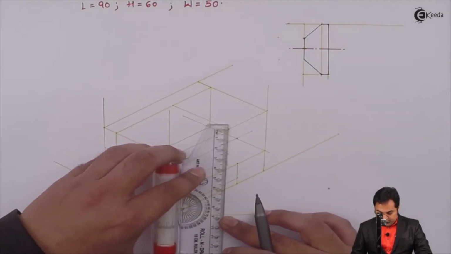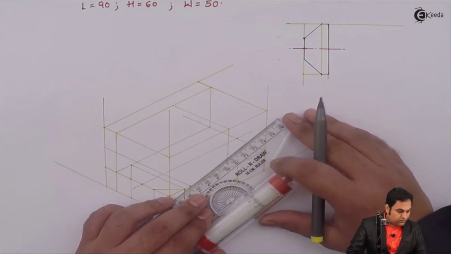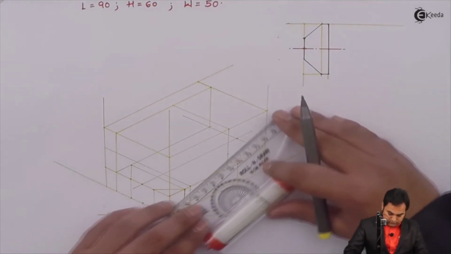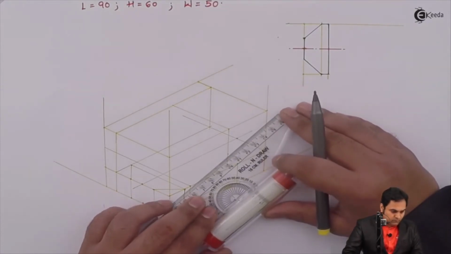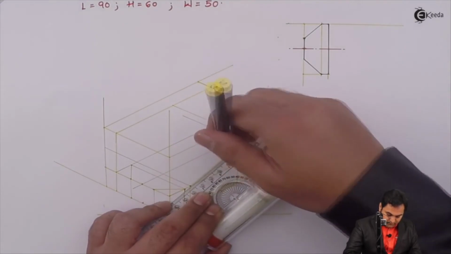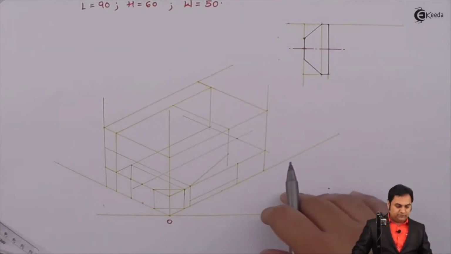It is 25 mm below. So connecting them, it is a sloping surface with the help of light line. Similarly from the other side as well.